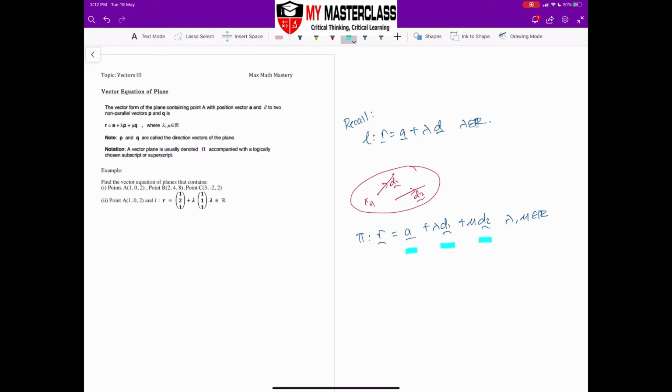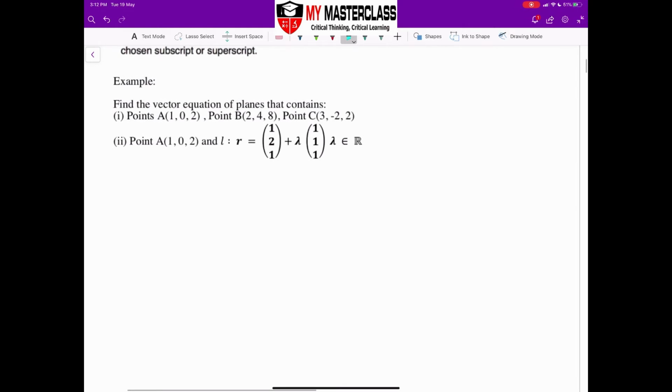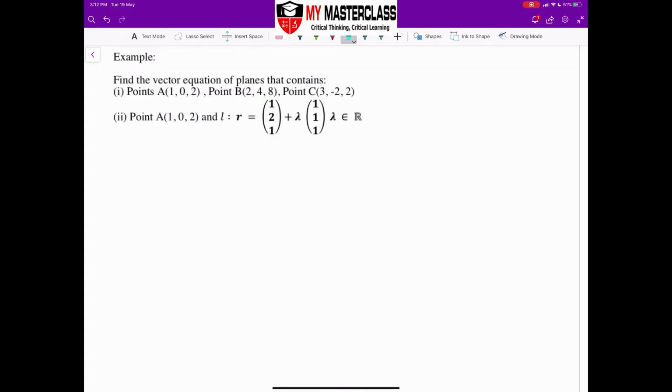So from here, we're going to run on to touch on these two examples. First example, the plane contains point A (1, 0, 2), point B (2, 4, 8), and point C (3, -2, 2). Recall, I'll need two directions, and I'll need a point that lies on the plane. Since I have 3 points, if you can quickly draw it out, it's going to look something like that, where points A, B, and C lie on the plane.